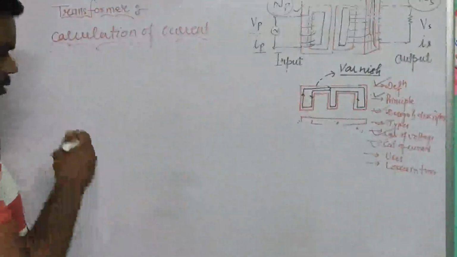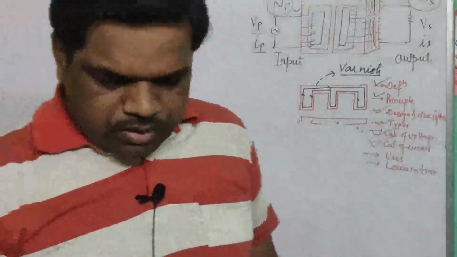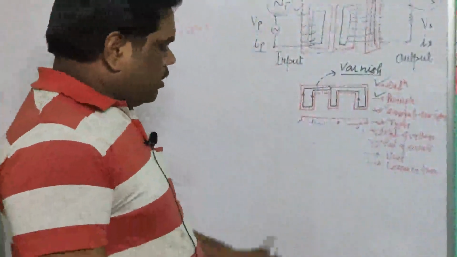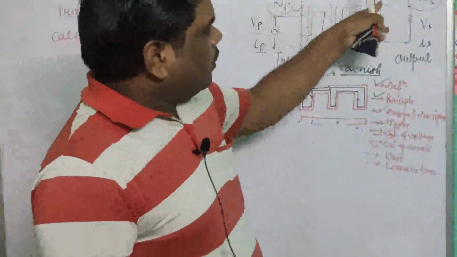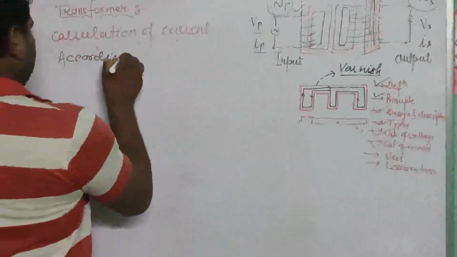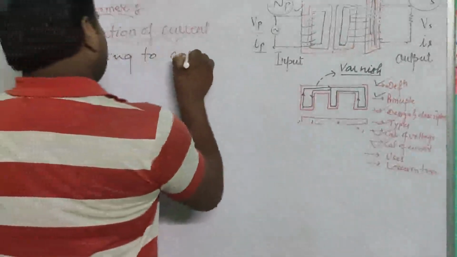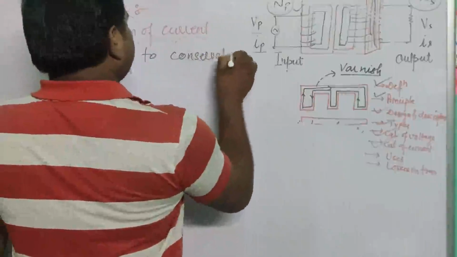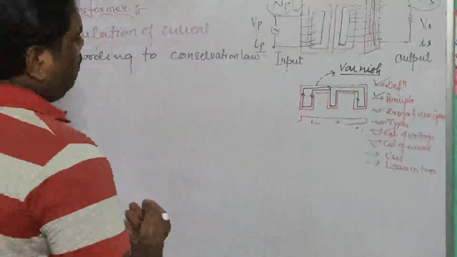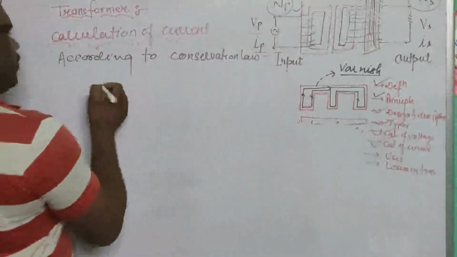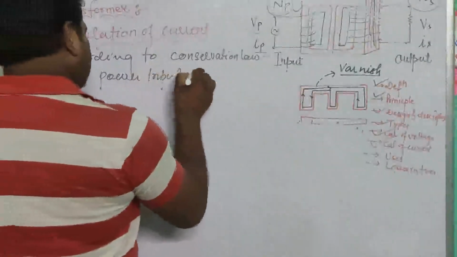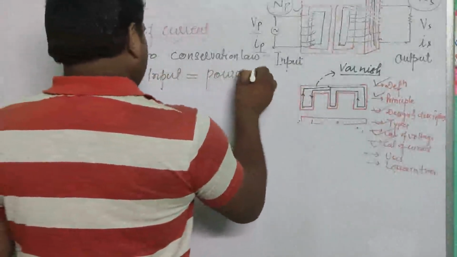Now here you have to use the law of conservation of energy. Energy can neither be created nor destroyed. See here, input energy will be equals to output energy. According to the law of conservation of energy, power input is equals to power output.